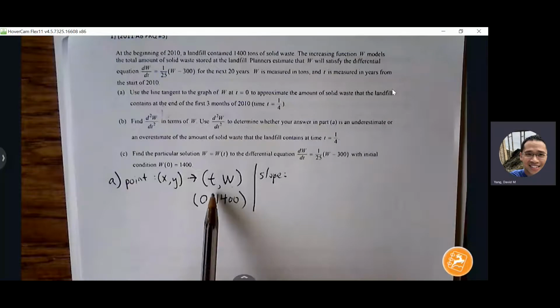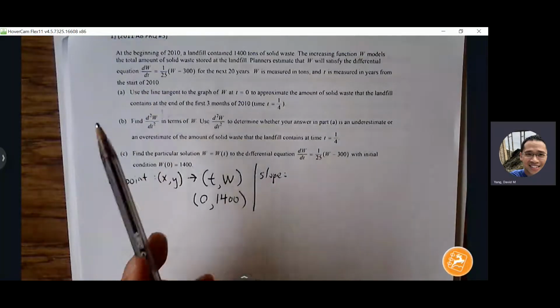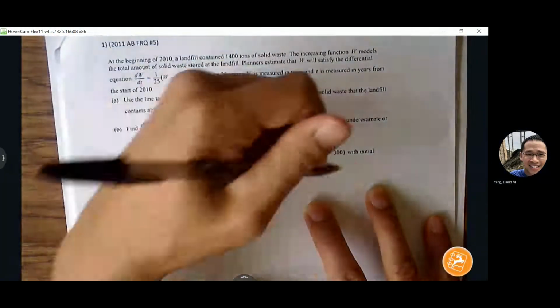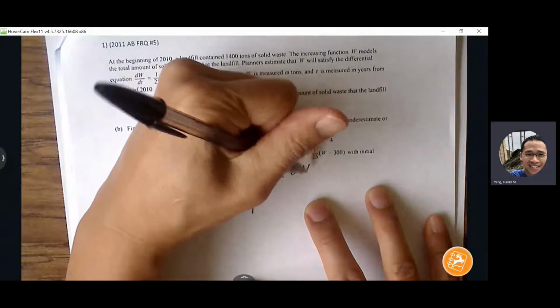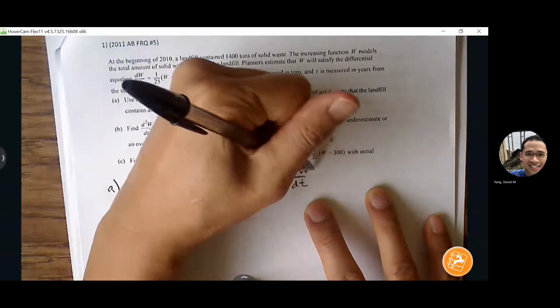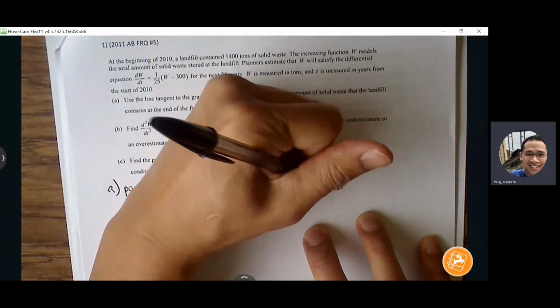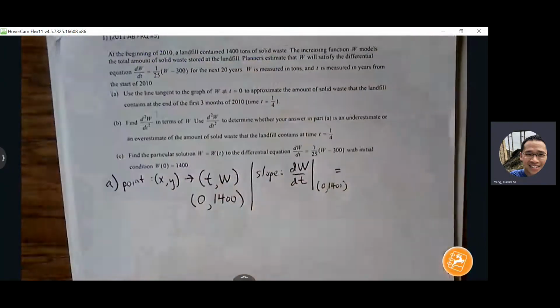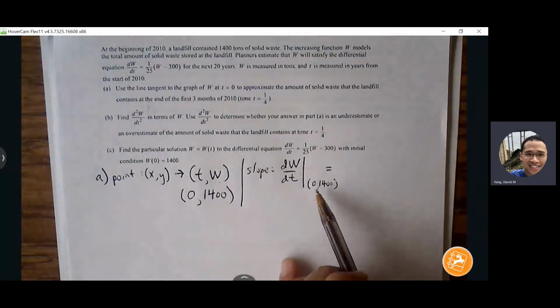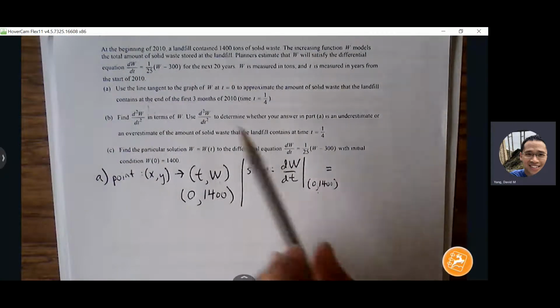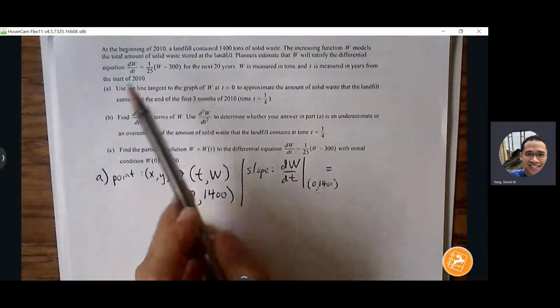Okay, so we have our ordered pair. Our slope is going to come from dw/dt. Typically, if we want to insert an ordered pair into a differential equation, we write it this way to indicate that I want to insert 0 and 1400 if they're both needed, but in this case, it's only needing the 1400.